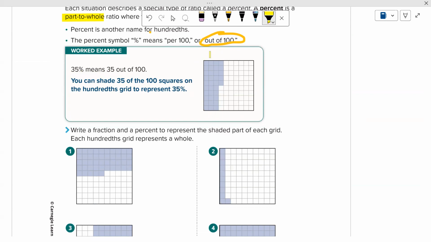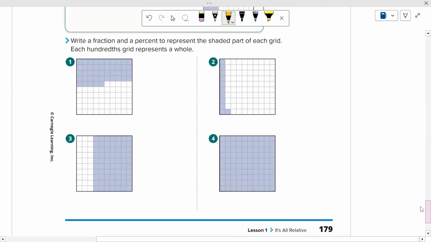There is one row of tenths, a second row of tenths, a third row of tenths, and then 5 hundredths, which makes 35 hundredths, or 35 out of 100. So you could take this percent and write it like a fraction, 35 out of 100, which equals 35%, okay?